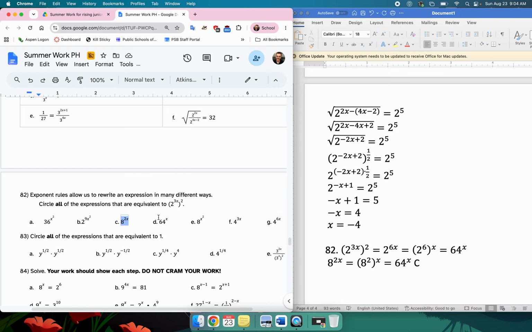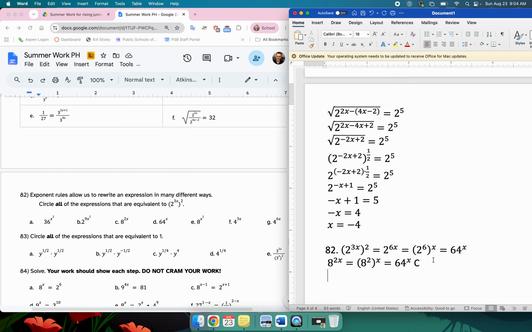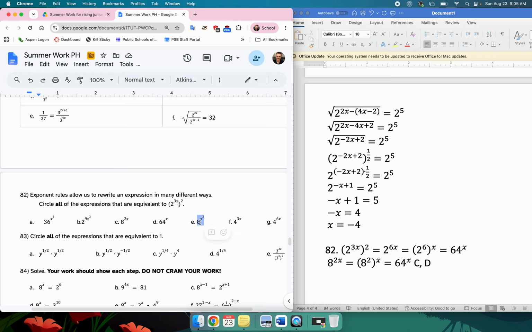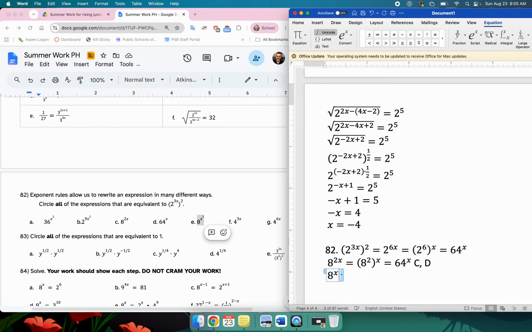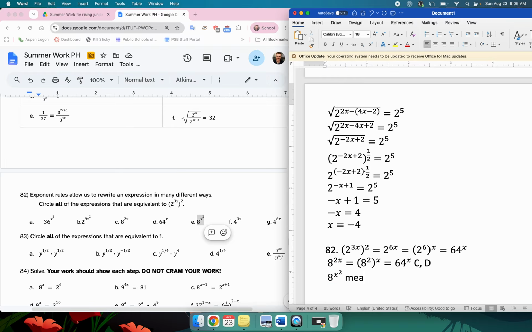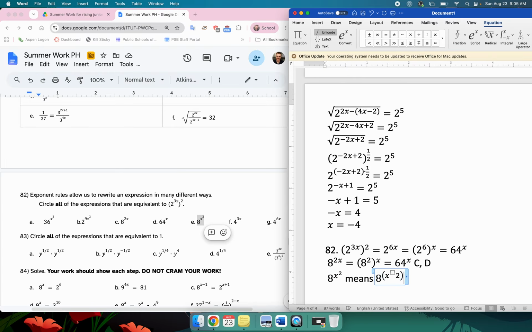Oh, and D is obviously equivalent, like we just did that, right? So C and D, E is not equivalent. Again, that quantity there, 8 to the x squared, it means this, not this.